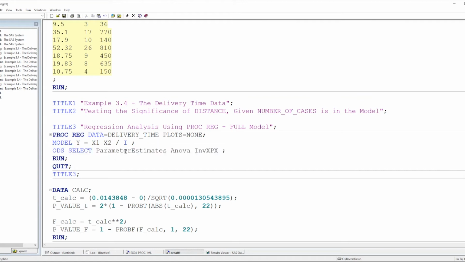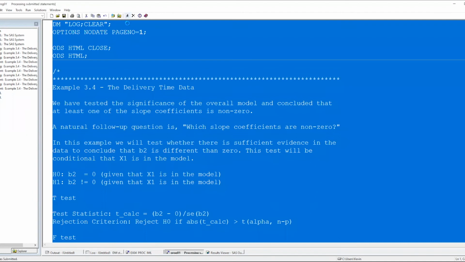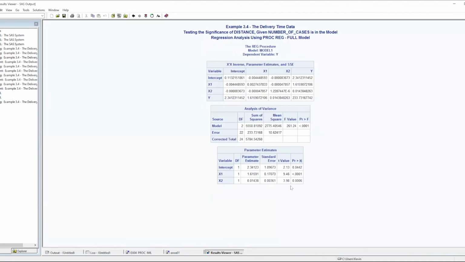To do this analysis, I need the parameter estimates, the values in the ANOVA table, and the inverse X prime X matrix printed out. Let me go ahead and run that section of the code.